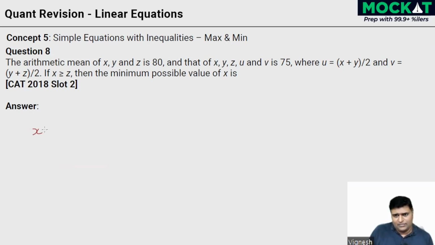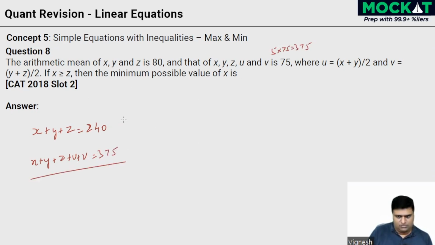Directly write x plus y plus z equals 80 into 3, so 240. Next one, 5 terms, average is 75. So x plus y plus z plus u plus v equals 5 into 75, right? 5 into 75 is the total, 375. So we get 375 over here.